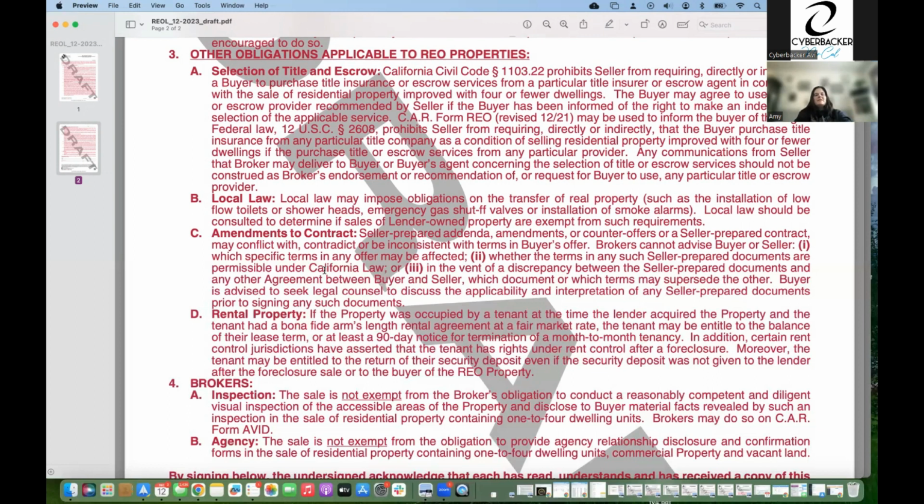Moreover, the tenant may be entitled to return of their security deposits, even if the security deposit was not given to the lender after foreclosure sale or to the buyer of a bank-owned property. So just know that the tenant's contract always supersedes foreclosure or sale of the property. So the tenant still has rights.